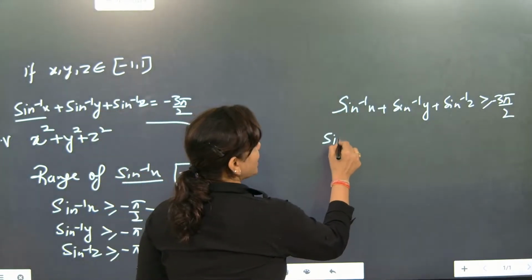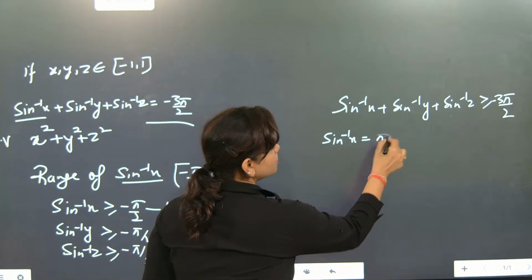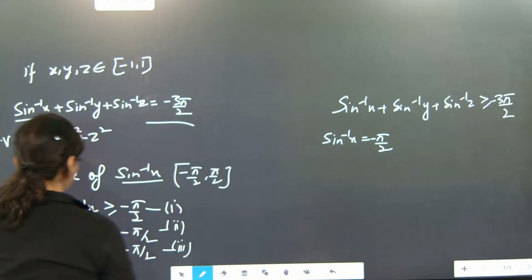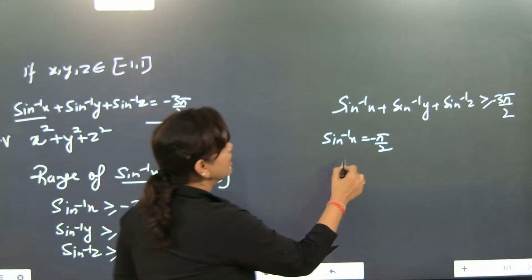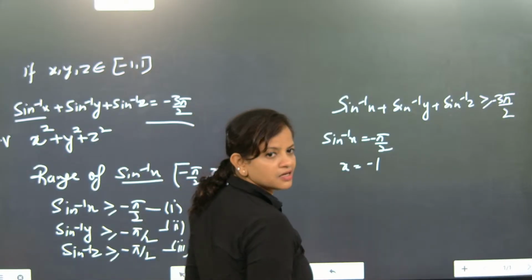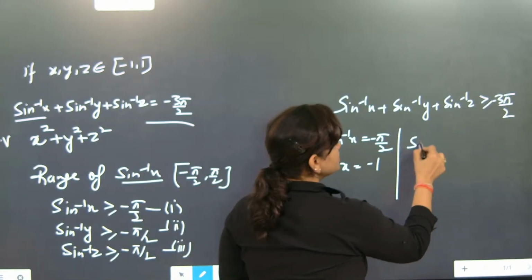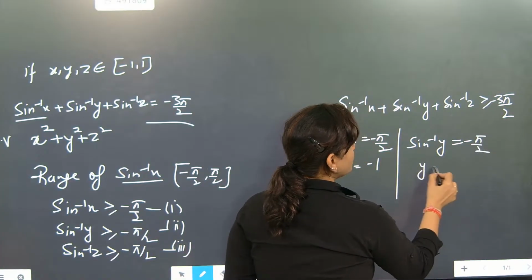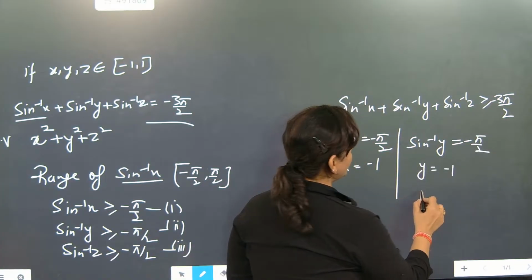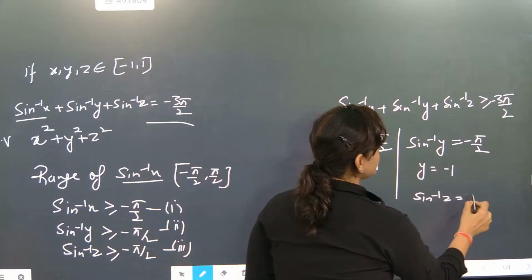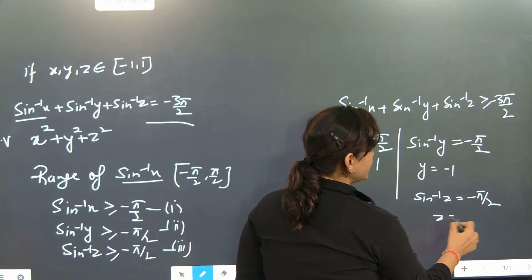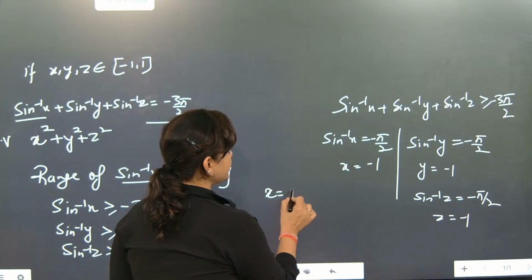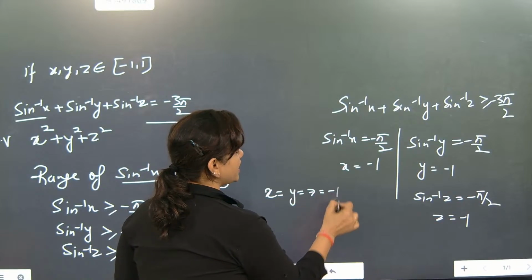That means sine inverse x is equal to minus pi by 2, so the x value is coming as minus 1. Similarly, sine inverse y is equal to minus pi by 2, so y is minus 1. Sine inverse z is equal to minus pi by 2, so z is minus 1. So x equals y equals z equals minus 1.